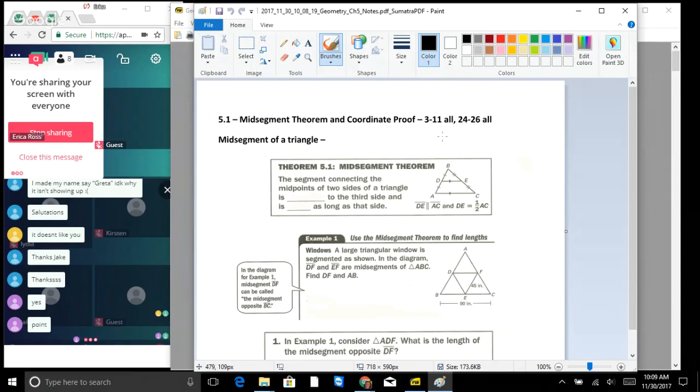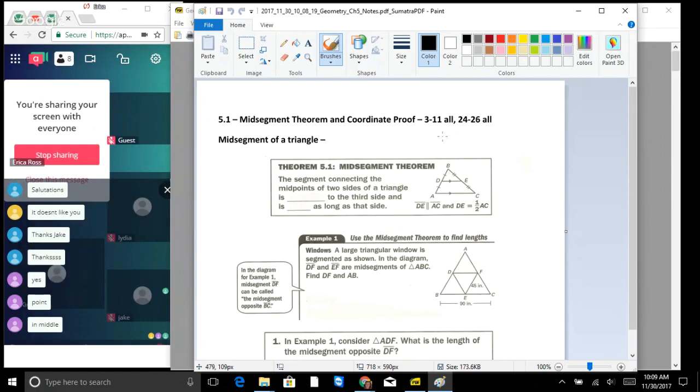It's a point in the middle. The midpoint of a line: if I draw a line, the midpoint would be the point that is in the middle.